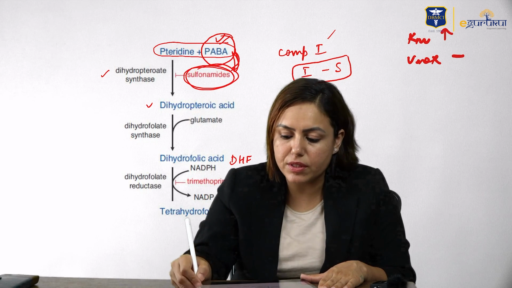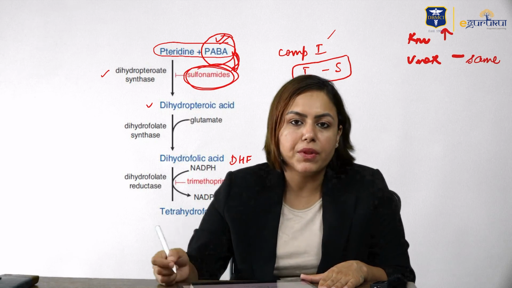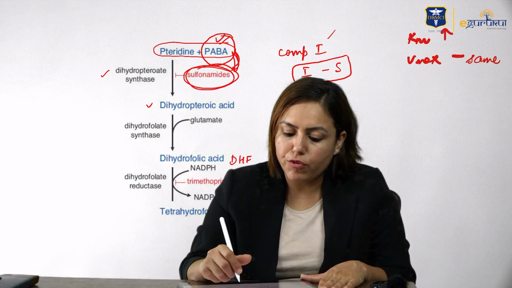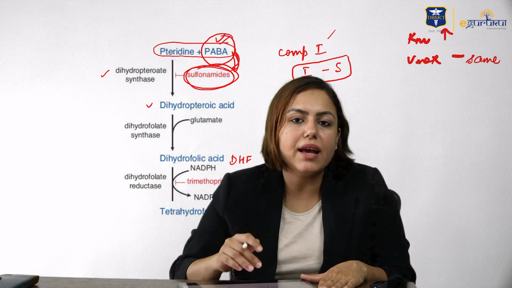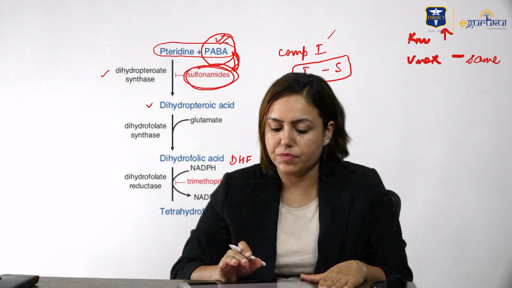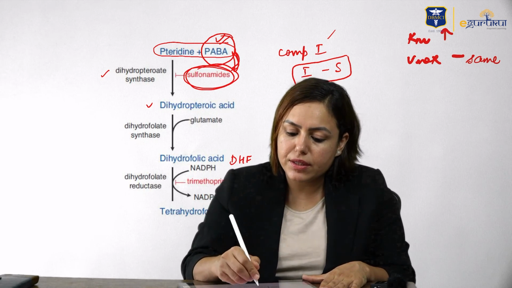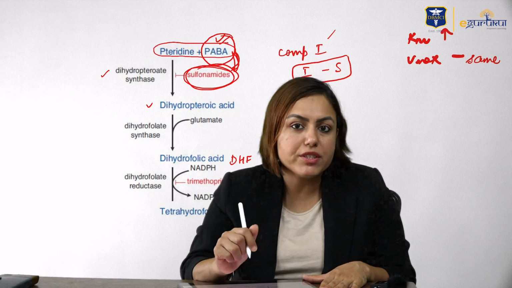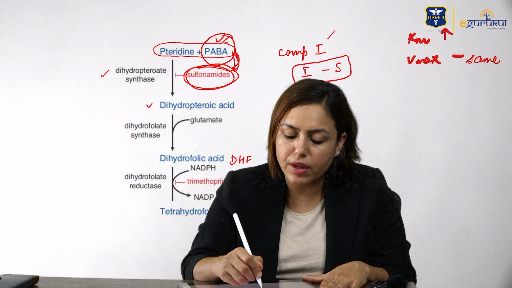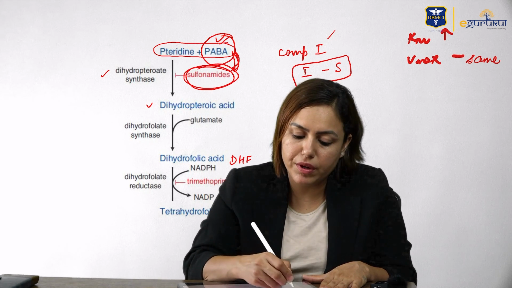So velocity remains same, right? Because sulfonamide is resembling in structure with PABA, it is PABA analog, so it will inhibit this enzyme.